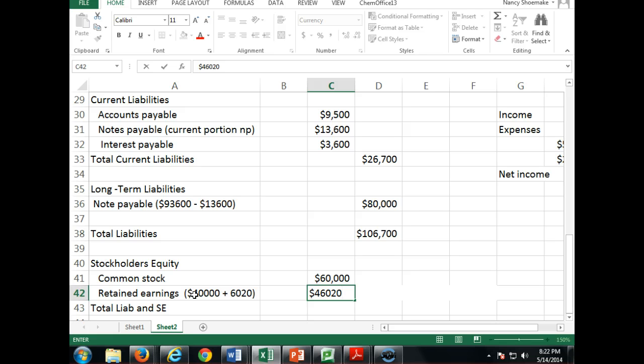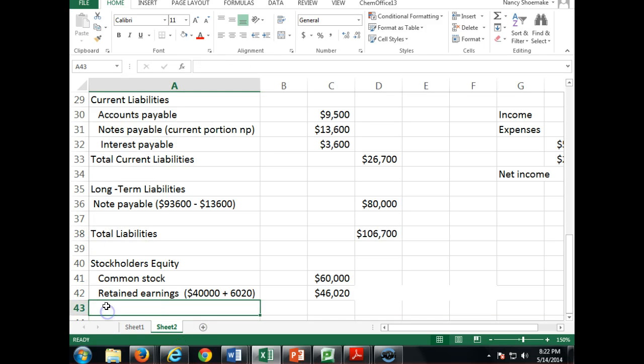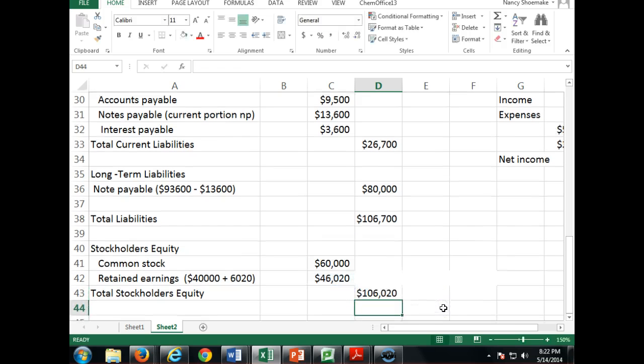It'd be 2,000 less, wouldn't it? Okay, so our retained earnings of 46,020. So here we've got total stockholders' equity of 106,020.